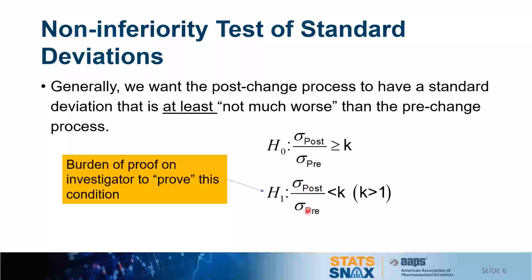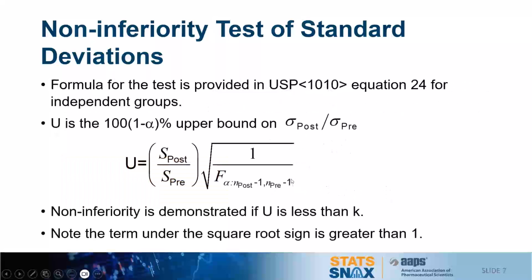It can be somewhat worse. In other words, this ratio can be greater than 1. We just need to ensure it's not too much greater than 1, or that we're not that much worse. So this is the form of the hypothesis, and for K, we choose some value greater than 1, and I've got a table here to show you how we go about selecting that value of K in just a moment.